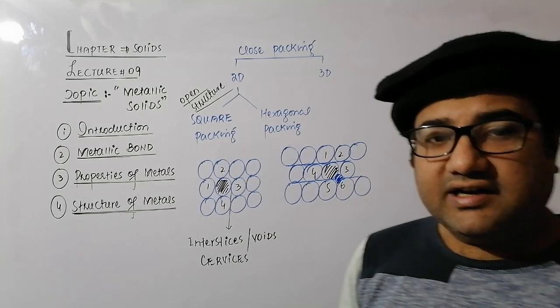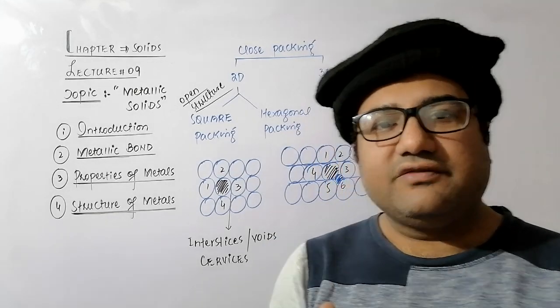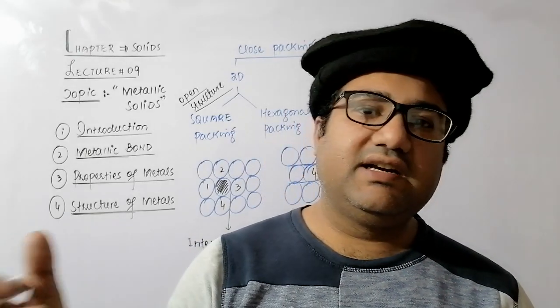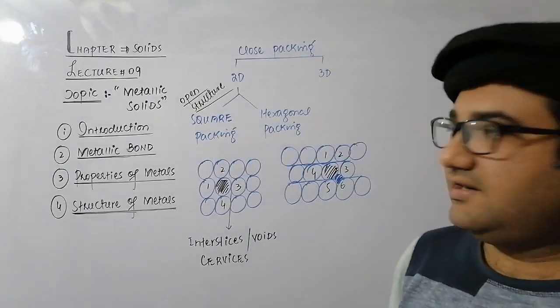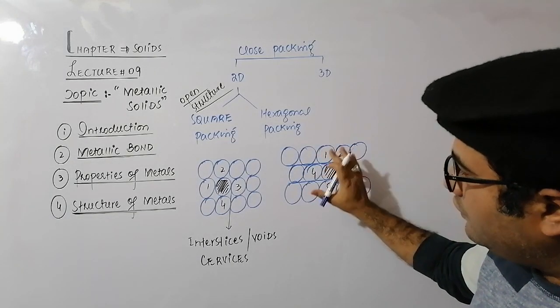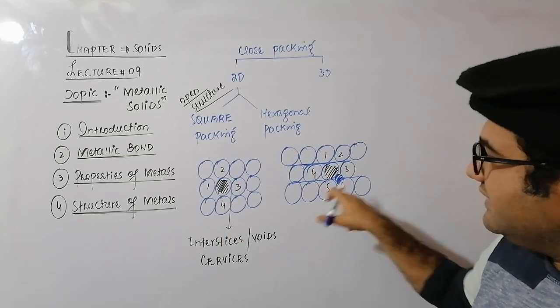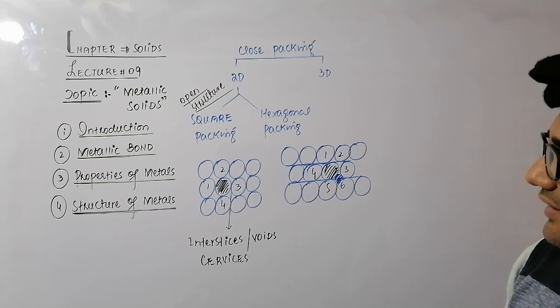Actually, I want to say that in this case, the atoms of every second layer lie in the depressions between the atoms of the first and the third layer, and each atom is in contact with 6 other atoms. So this packing is closer as compared to this one, because in this case the empty spaces will be lesser as compared to the square packing.